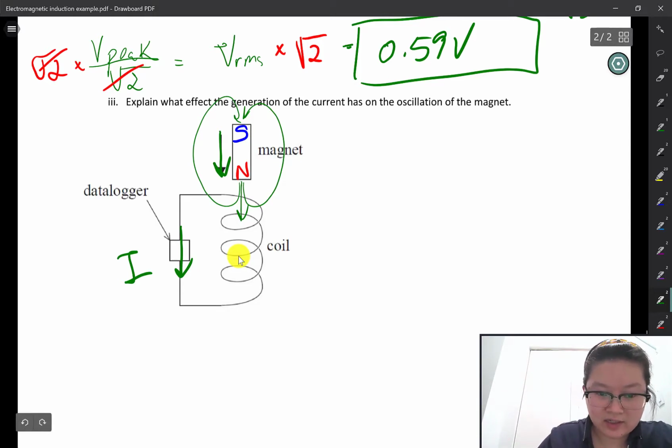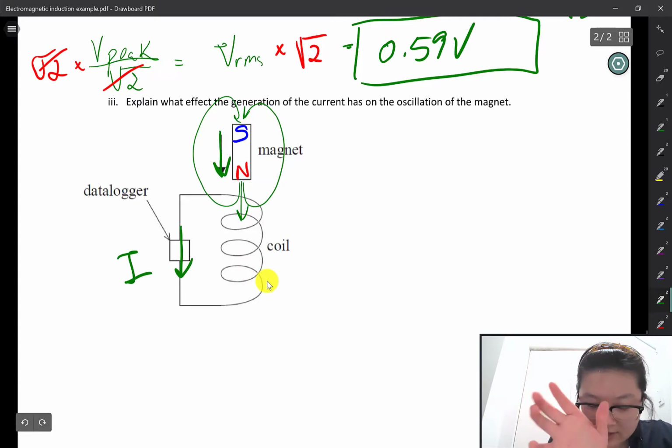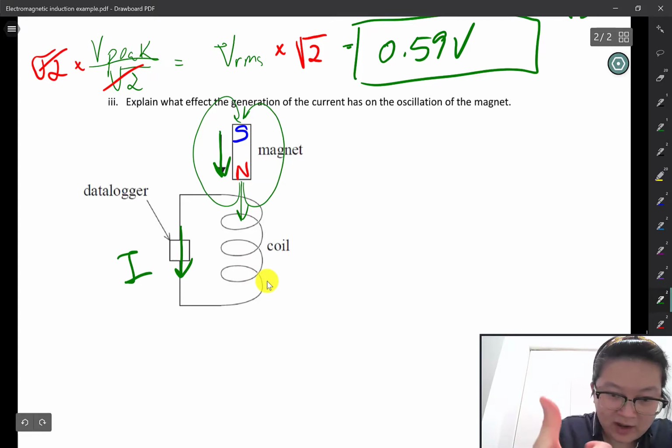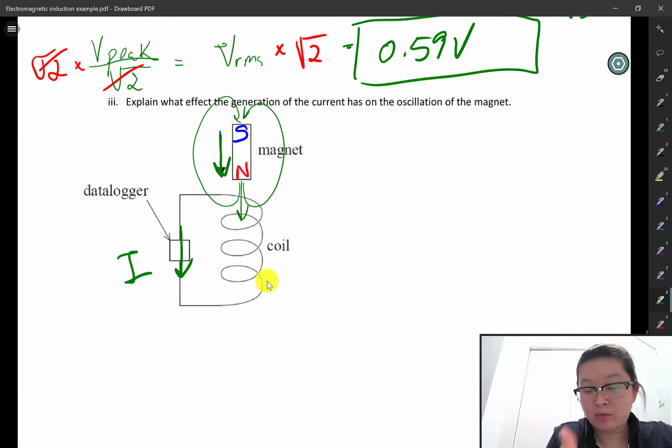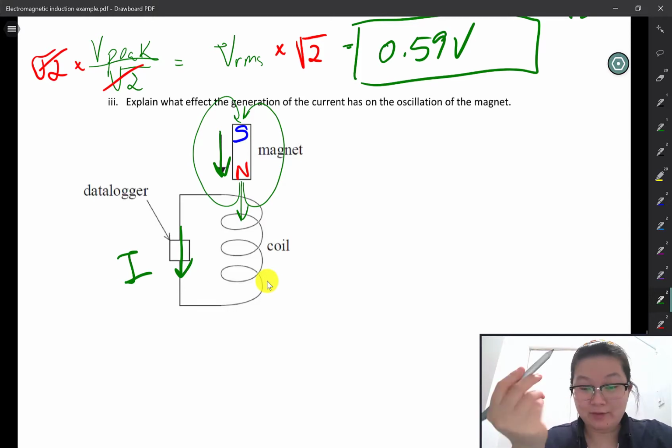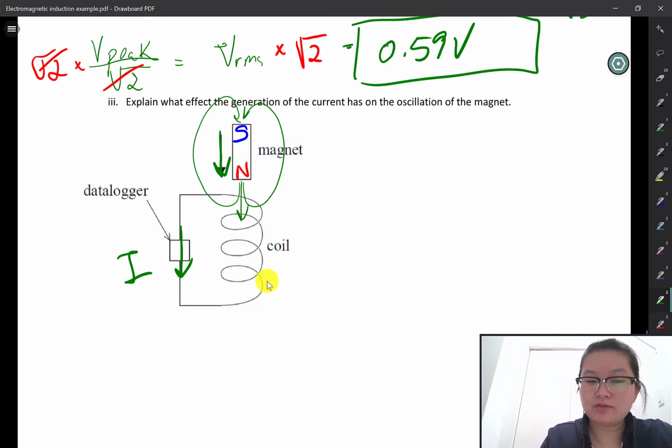It looks like it's going to go up and around from the right side. So that's what I'm going to do with my fingers. I'm going to curl around, and my thumb is going to point upwards. So my thumb points upwards in the direction of the induced magnetic field, which is in fact the exact direction that we have to compensate for.